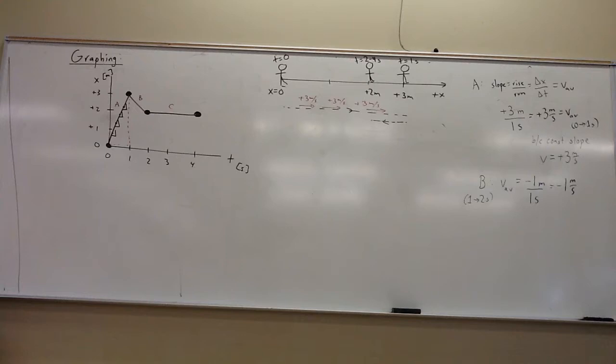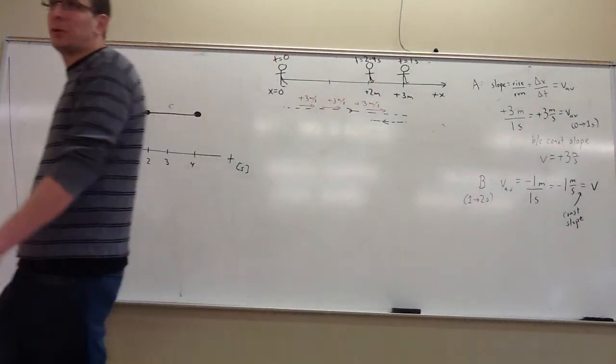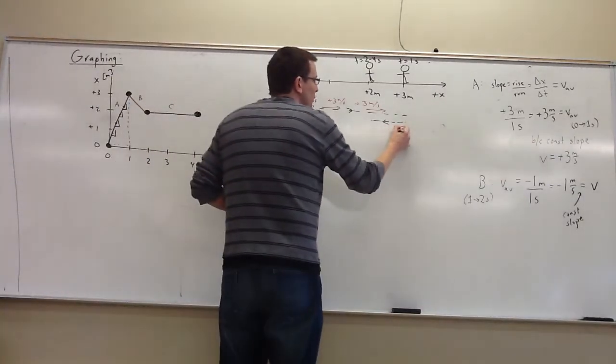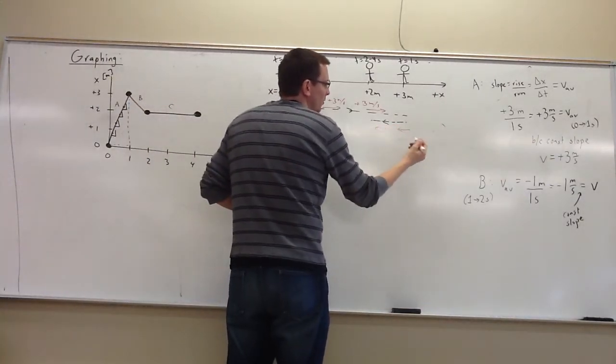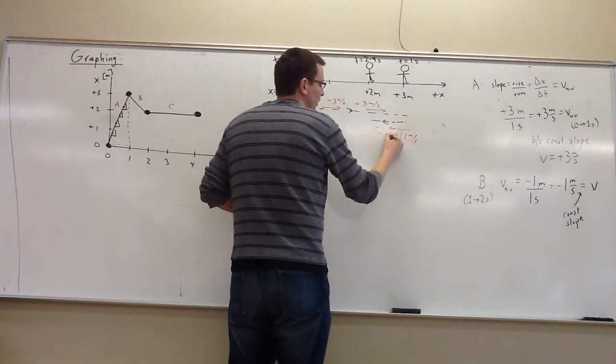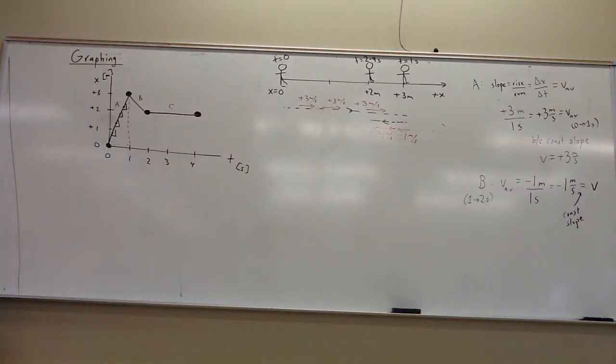And again, because it's a constant slope, it's a line, not a curve, that was literally the velocity at every point during that part. So I can sketch that here. The velocity was minus 1 meter per second, minus 1 meter per second, etc. That's all I did in the second part of the trip, from 1 second to 2 seconds.